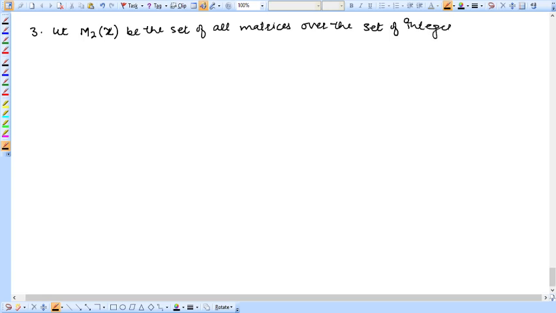Okay, so see here, the name given to the set is M2Z. Here this 2 signifies that these matrices are of order 2 by 2, and the entries of these matrices are integers.